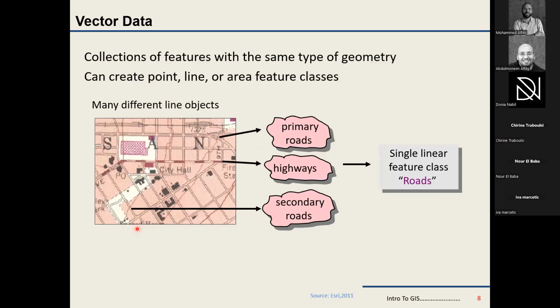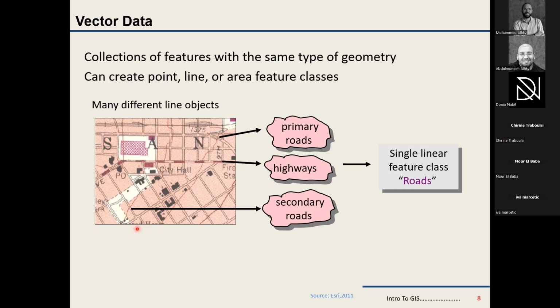Now, this is one point. The second point in using vector data is how we are going to group them together. We said before that we have something called a feature class, and that the feature class can only be of one thing. So we have a line feature class, or a polygon feature class, or a point feature class. But even when we say it's point, line, or polygon, the subject of a feature class is also controlled.